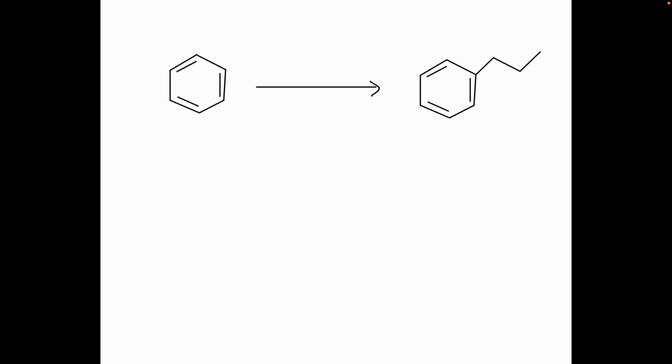Right? Well, I can't just do my Friedel-Crafts alkylation reaction, because instead I will see the hydride shift as my major product. So this isn't going to work for us here, this sort of direct alkylation method.